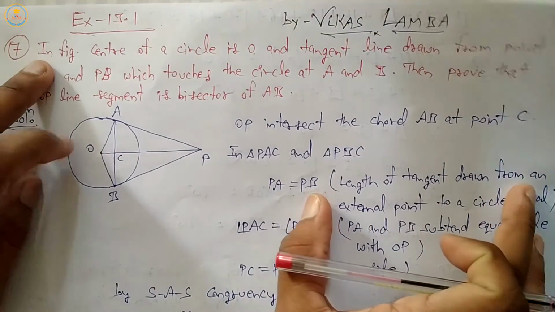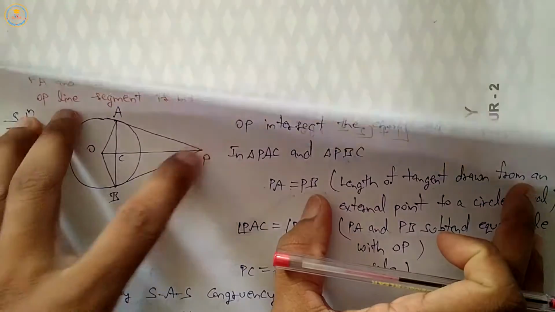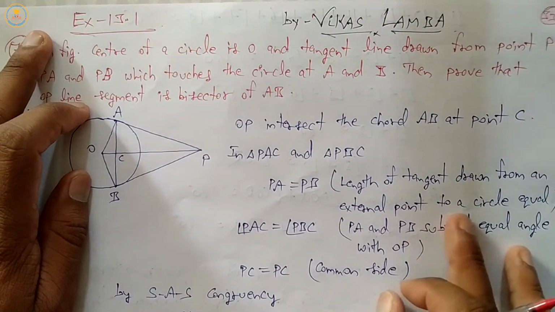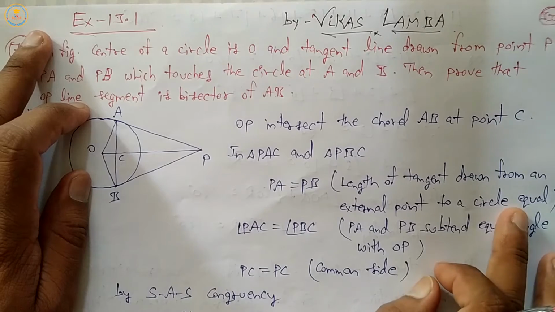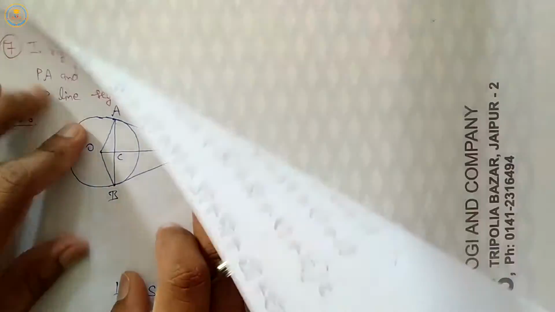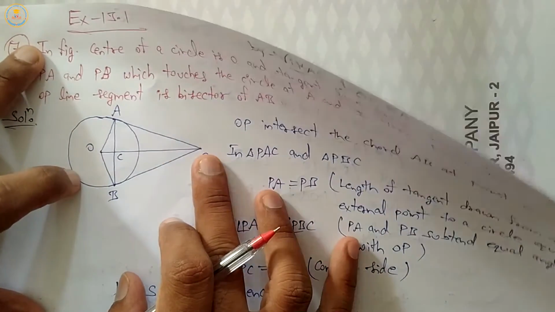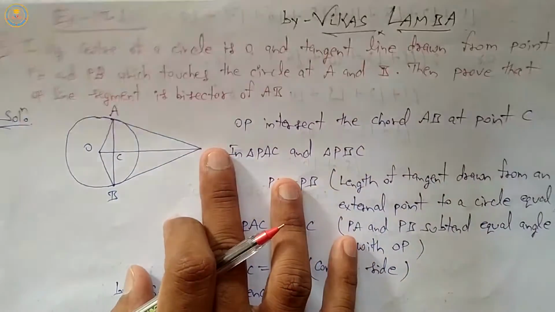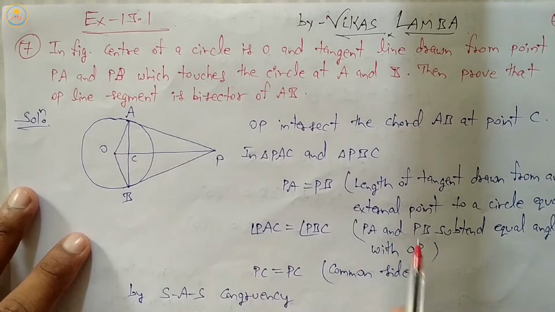PA equals PB, because the lengths of tangents drawn from an exterior point to a circle are equal. PA and PB are tangents, so they are equal in length.